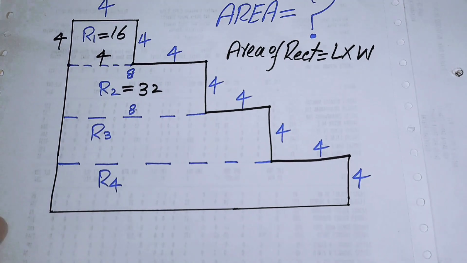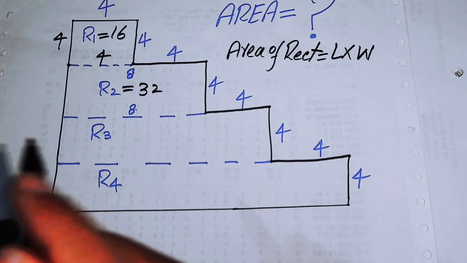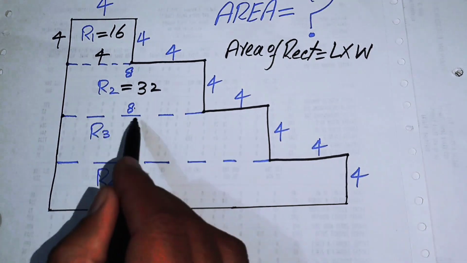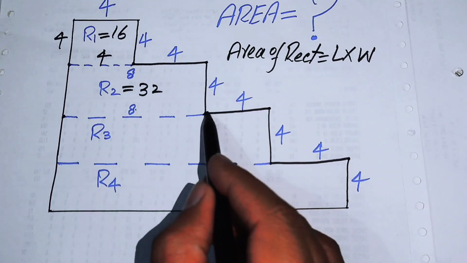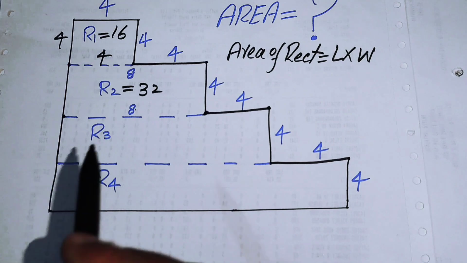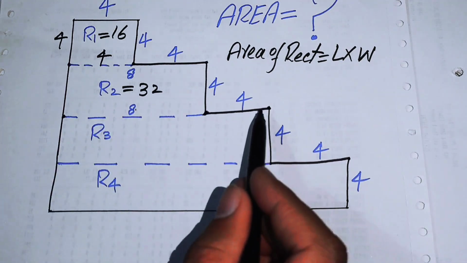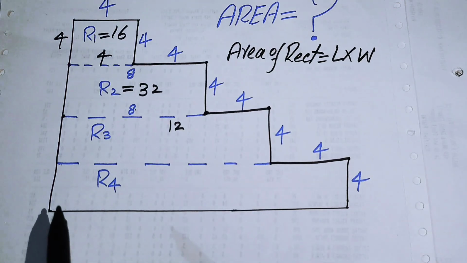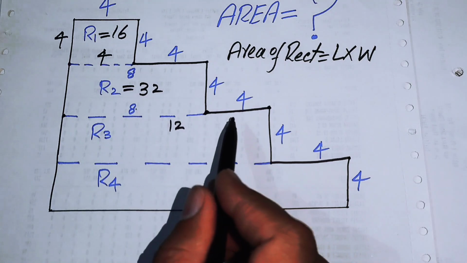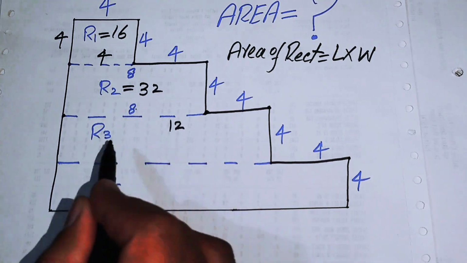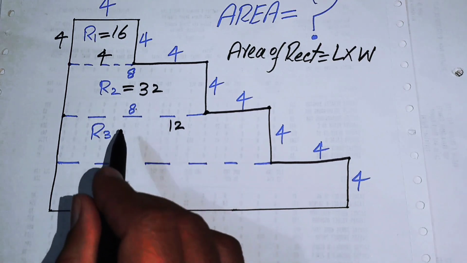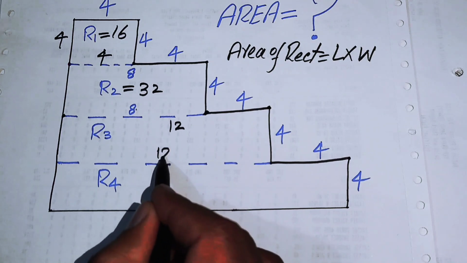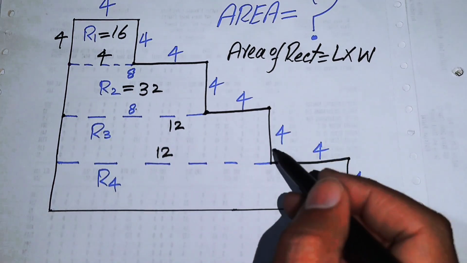And similarly we move towards region 3. In region 3 the length of this part is 8 and the length of this part is 4, so the total length of this side is 8 plus 4, which is 12. Because R3 is a rectangle, the length of the opposite part is also 12, and the width is 4.